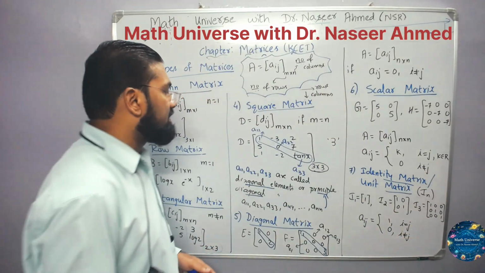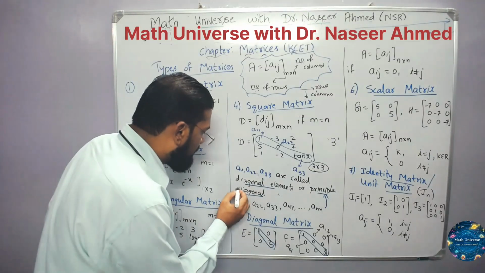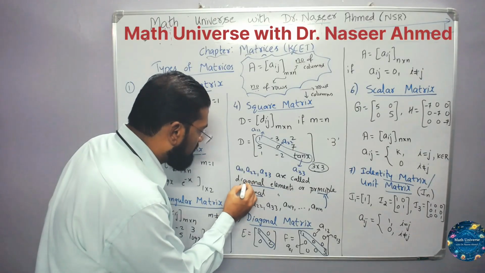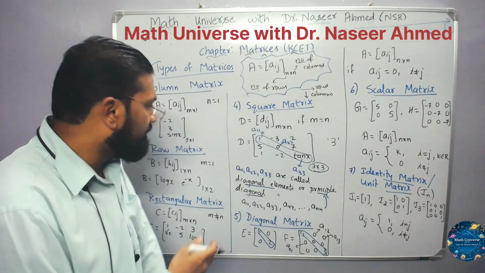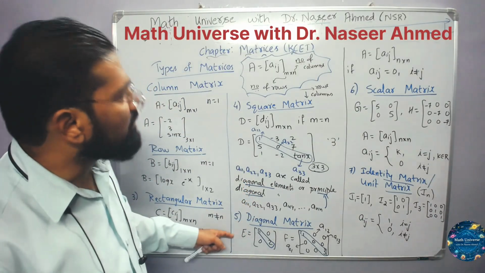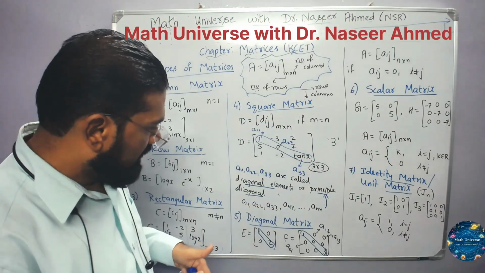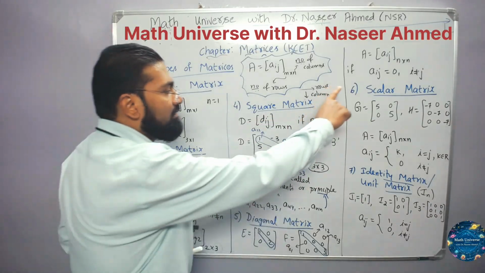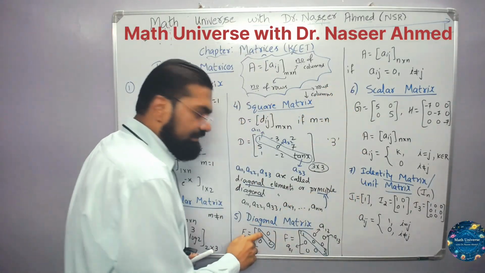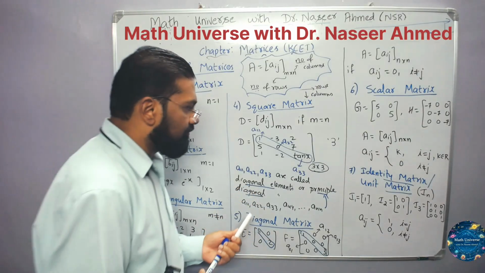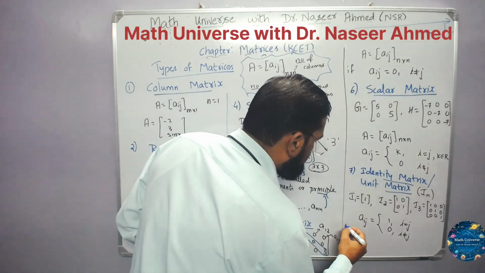Now from here we can generalize or comment. See carefully, we can comment about 5, 6 and 7: every scalar matrix and identity matrix is a diagonal matrix. Okay, so point number 1 we can take as a note.